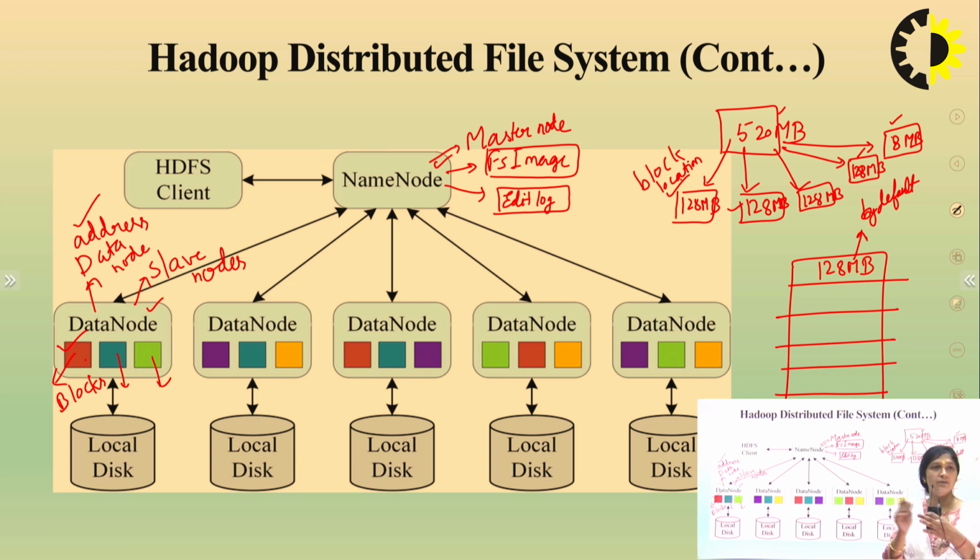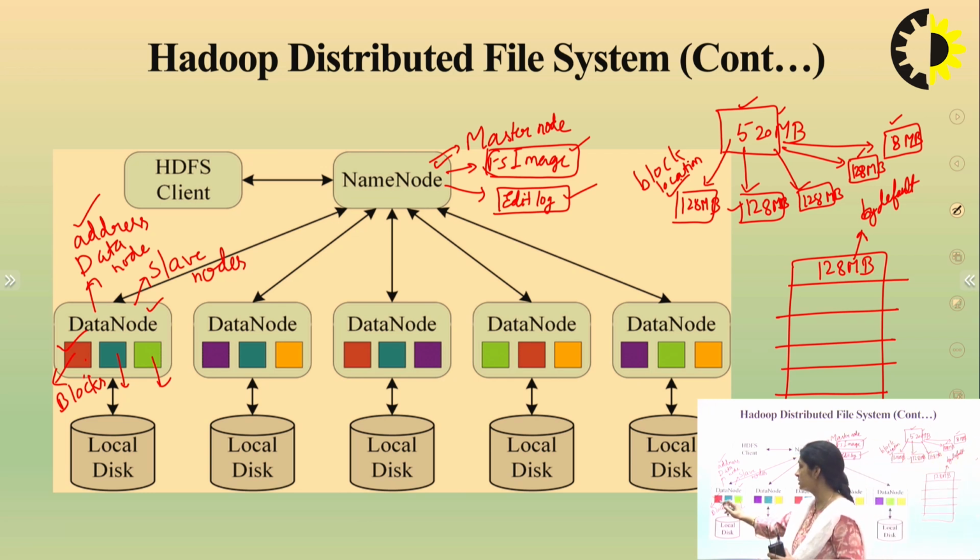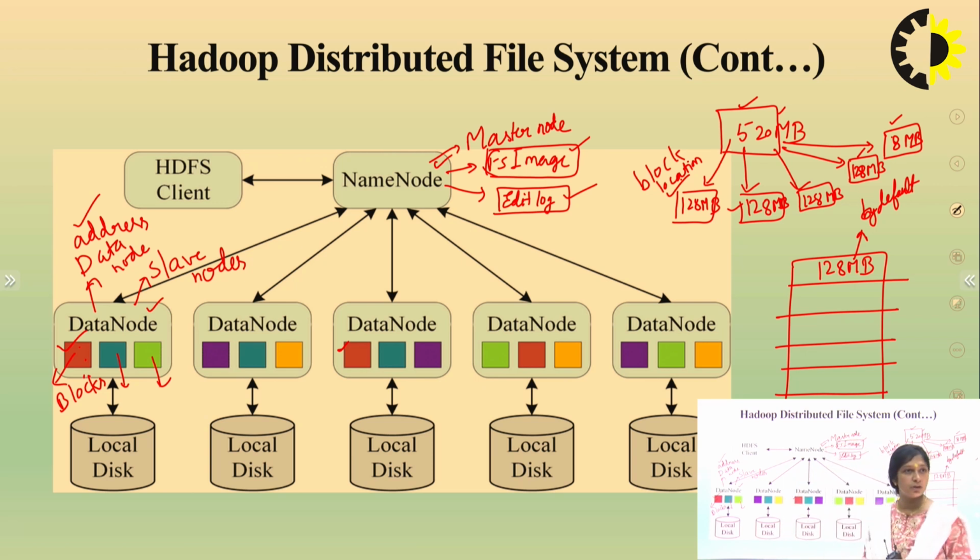Someone deletes the file, someone edits the file, then the log will be stored in this edit log, and after the update all data will be saved in fs image. It means this file we are saving in the form of blocks like this, another block like this, and one more, or any other block like this.